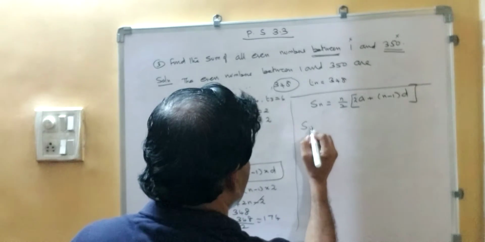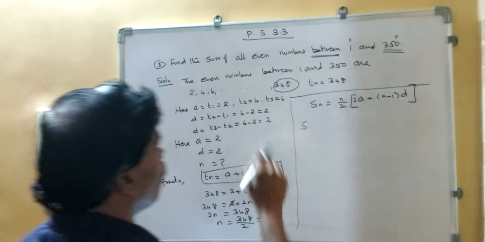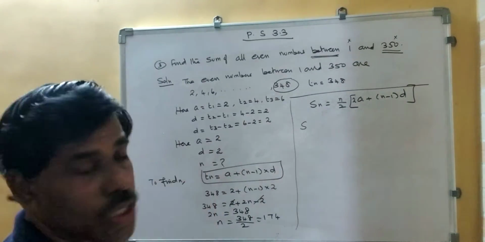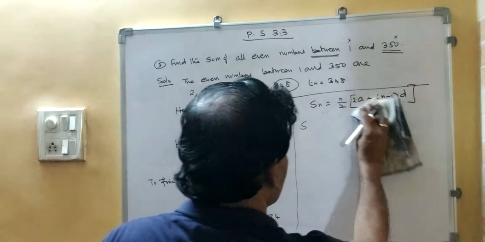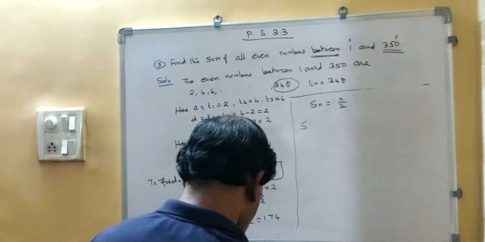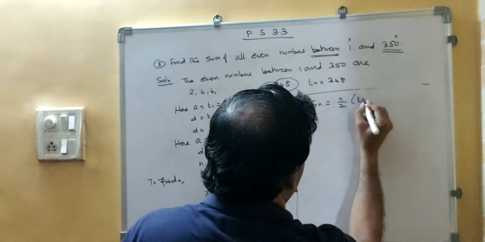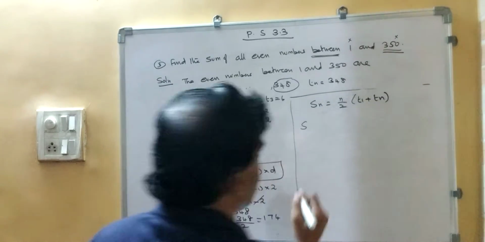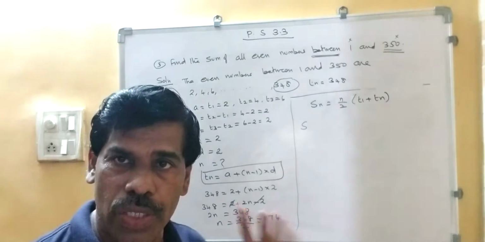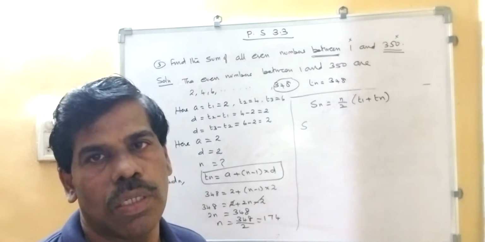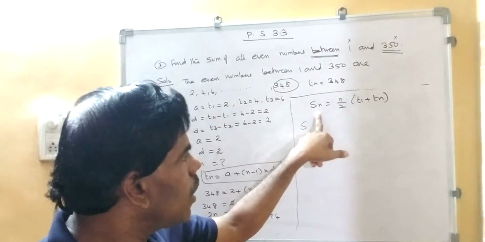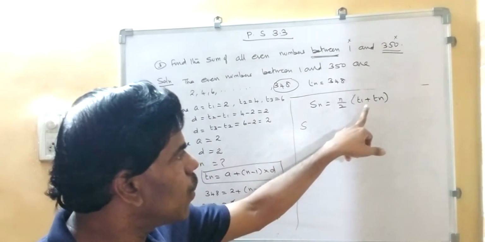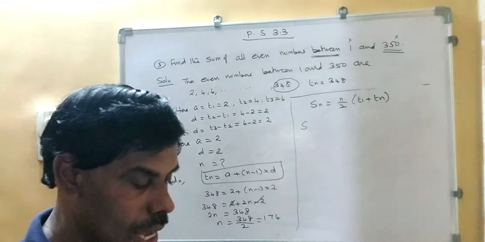Or you can find it another way: if you know the first term and the last term, then another formula is also there, you can easily find it. See, if you know the first term and the last term of an AP, then you can find the value of Sn using this formula: n by 2 into T1 plus Tn.